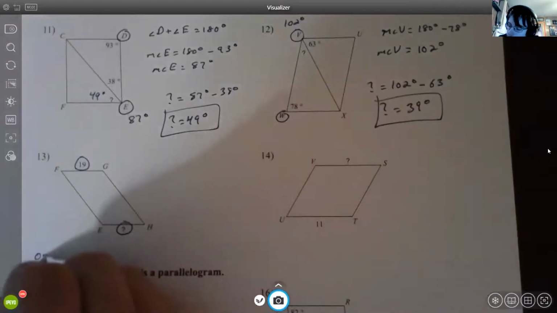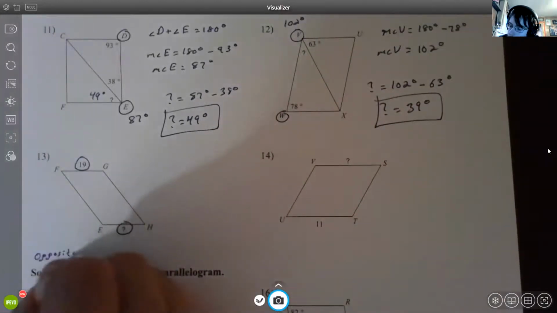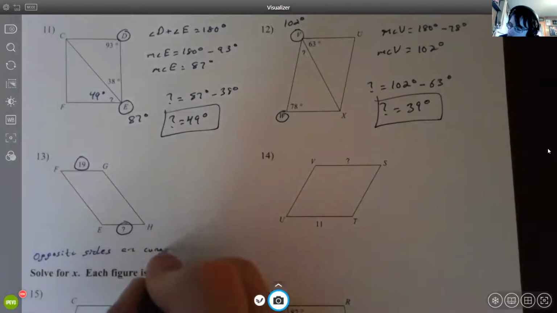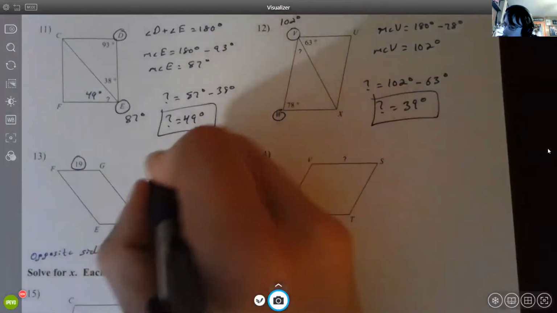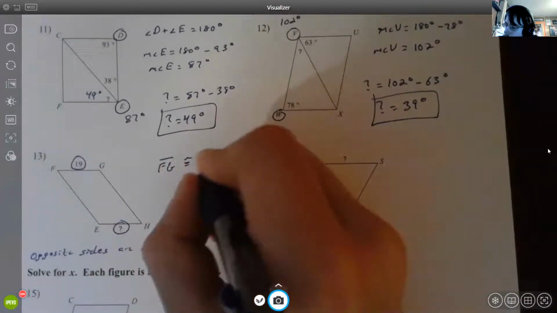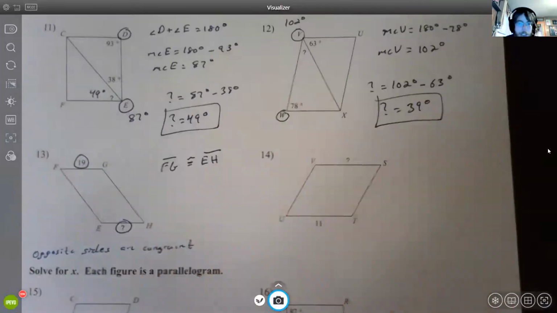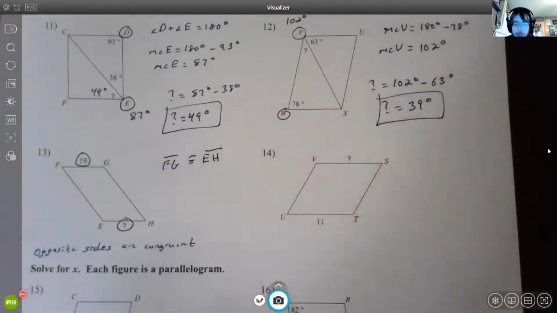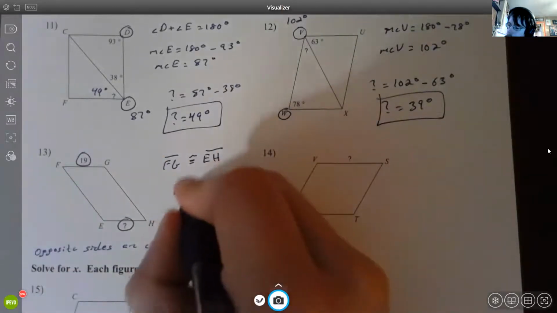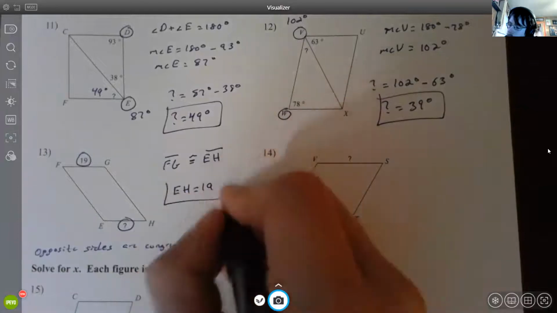Remember, opposite sides are congruent. So that means that FG is congruent to EH. And what does the word congruent mean? Well, congruent means that they are the same. So if FG is 19, that means that EH must also equal 19.